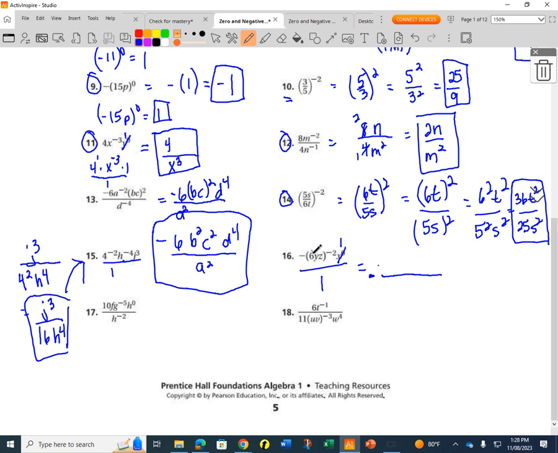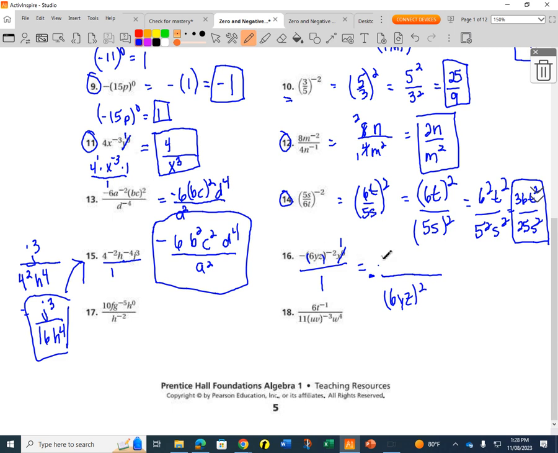Now, how am I going to get this exponent to be a positive? Jacob, how does this get to be turned to a positive? It's going to go to the bottom, right? So everything that's being raised to the negative 2nd power is this right here, 6yz. So we're going to push all of that to the bottom. And we have 1 there.